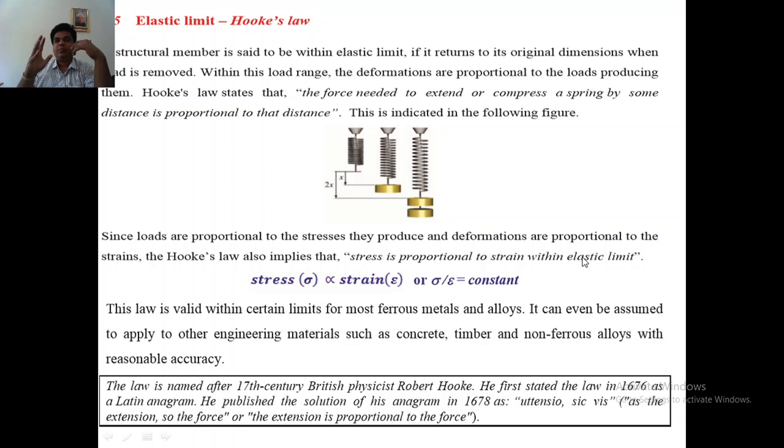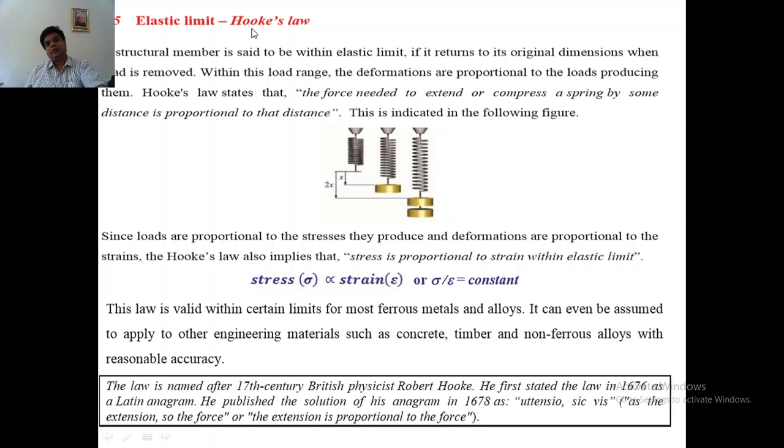Within elastic deformation, or when the load is below the elastic limit of that material, the stress is directly proportional to strain. We'll study this in detail later. Just remember here, mathematically, stress is proportional to strain in the elastic limit. That is Hooke's law.